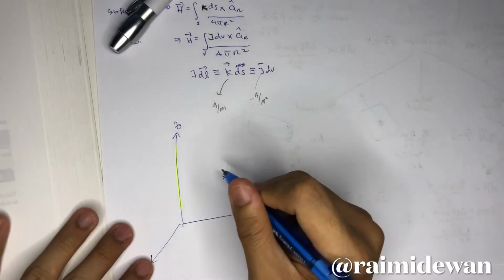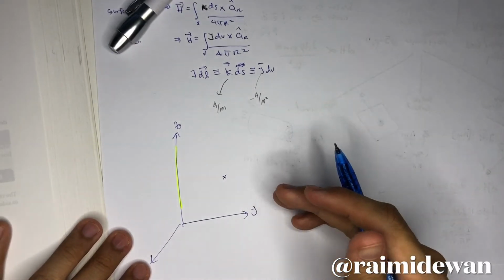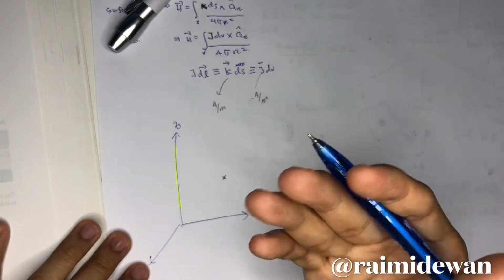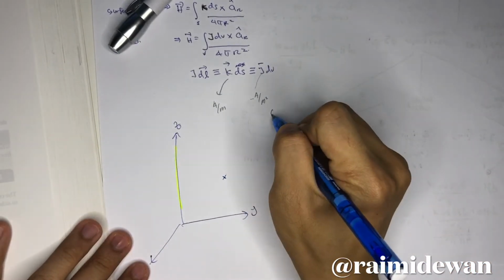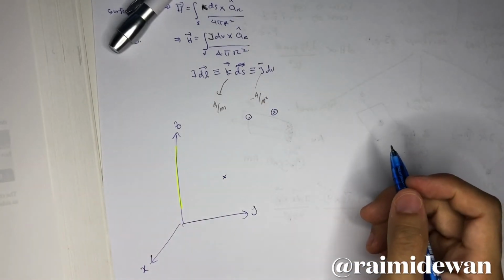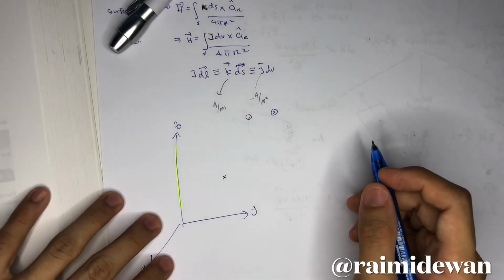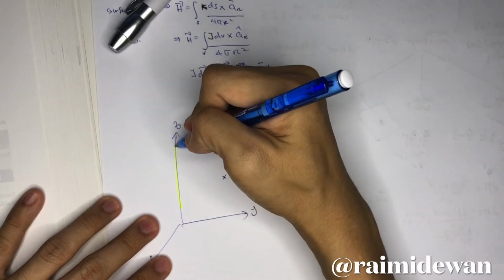This is in 3D, but if it's 2D, we need to show whether it is going into the page or going out, just like the situation just now for the screw. This one is 3D, so it's okay. So you have this as your line current.